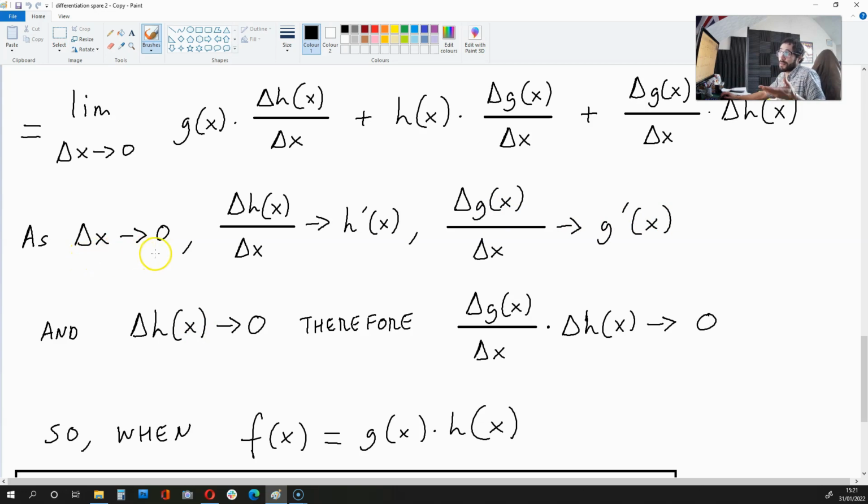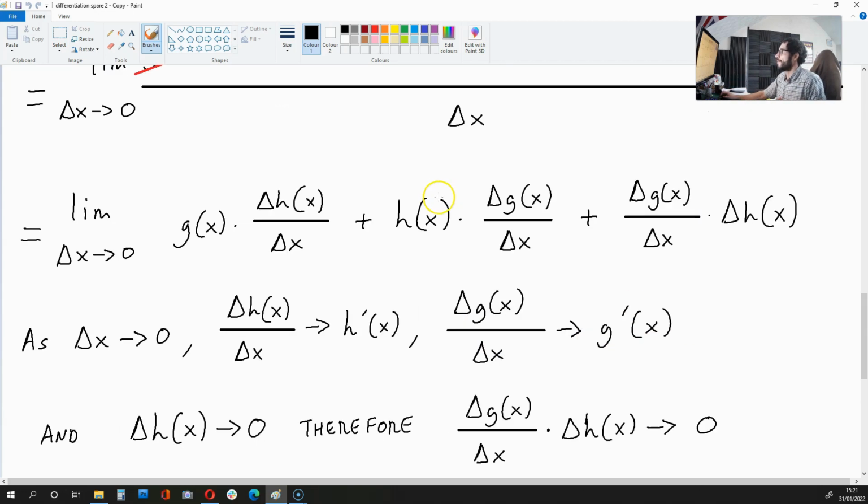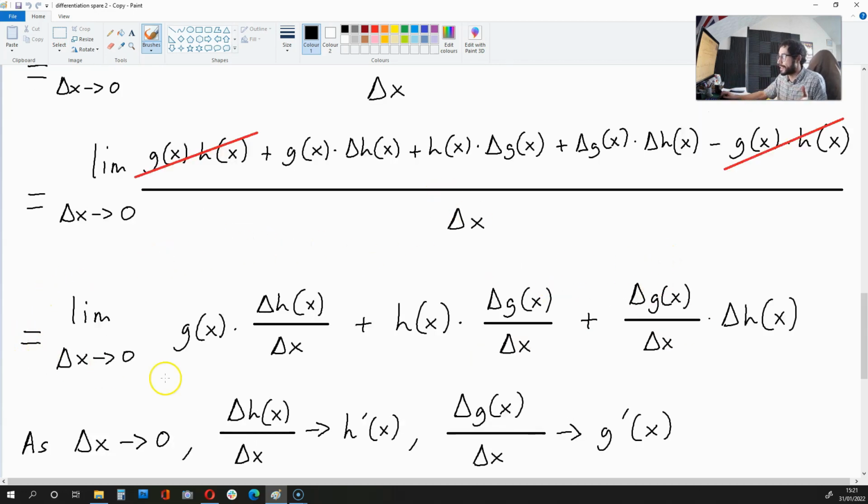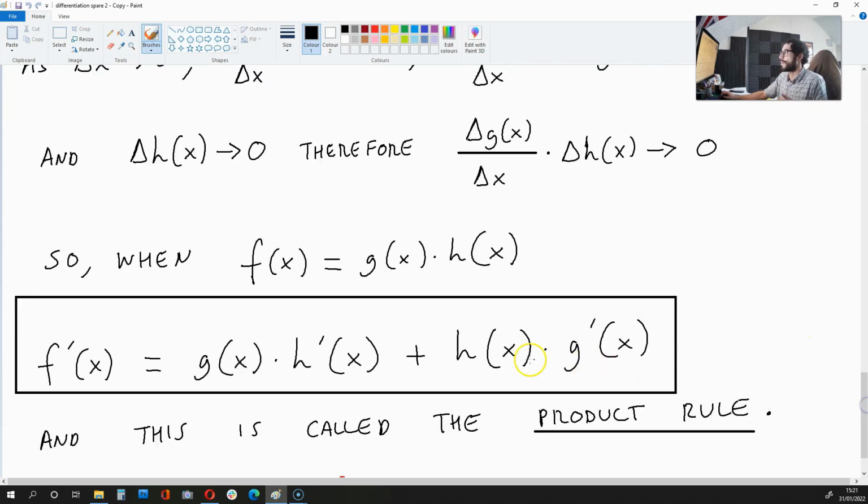Since change in x is approaching 0, change in h(x) is also going to be approaching 0. Therefore, change in g(x) over change in x times change in h(x) is also going to be approaching 0 as well. So this entire expression over here becomes this expression right over here.